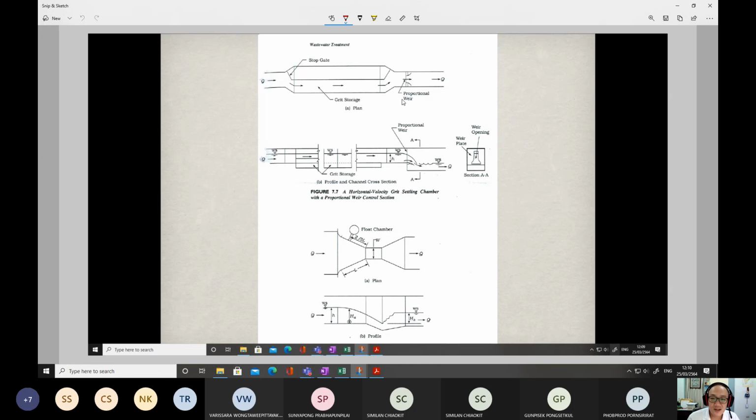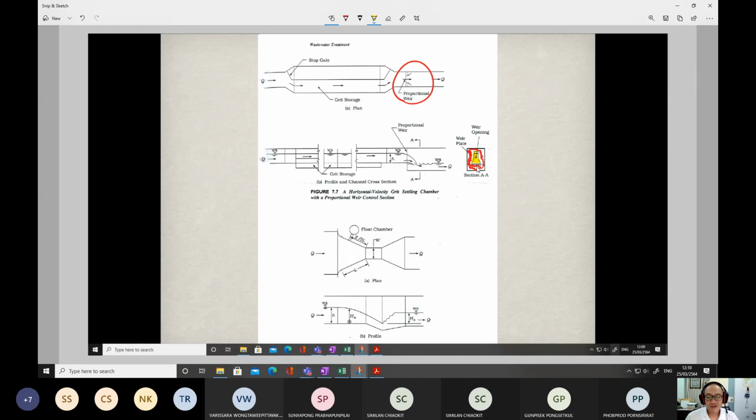So the proportional weir is equipped here. It's like a plate, the weir plate. The opening area is just here, highlighted by the yellow. This is the opening area.